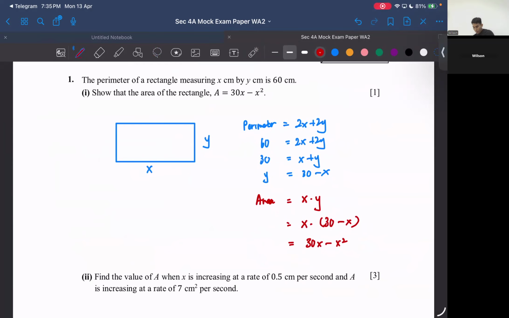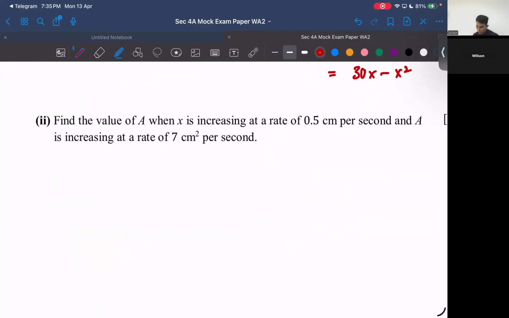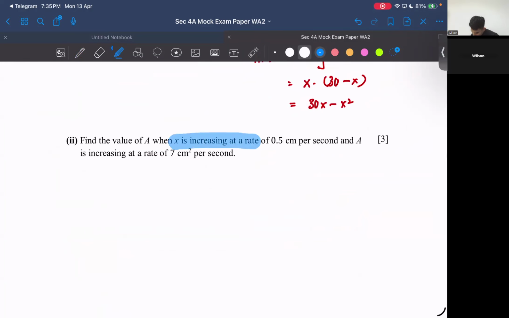Now, part 2, find the value of A when x is increasing at this rate and A is increasing at this rate. Yan Hao, share with us. There are two things we need to address.